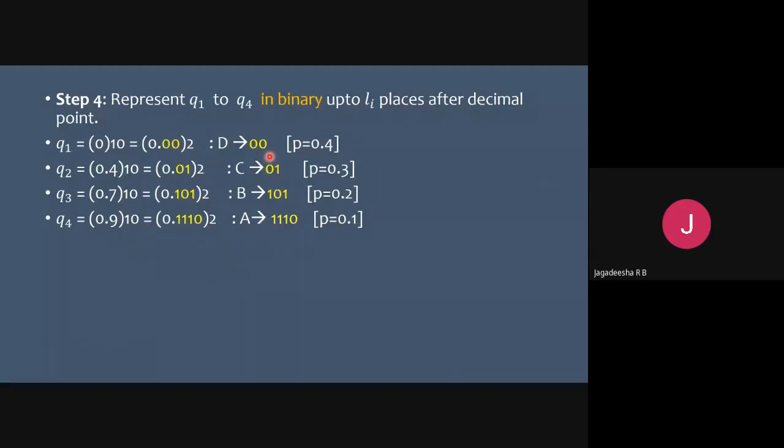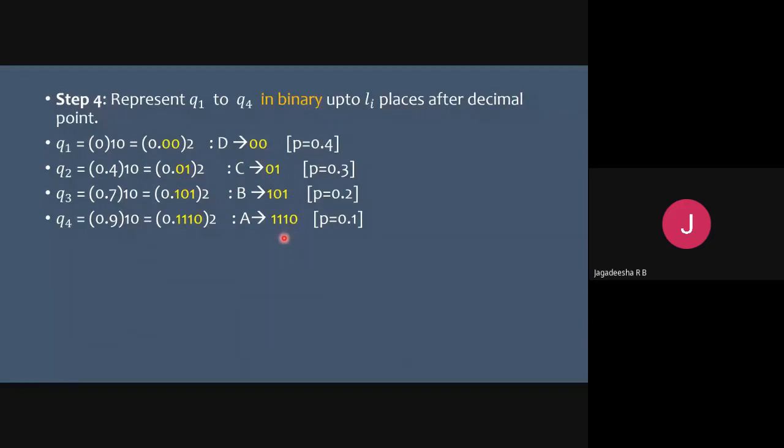So when the source emits symbols like D, C, B, A, or A, B, C, D, whatever, in any order, then A will be represented by 4 bits, 4-bit code word. Instead of transmitting A, the encoder will transmit 1110. Instead of transmitting B, it will transmit 101. Instead of transmitting C, it will transmit 01. Instead of D, it will transmit 00. This is how the encoder will perform the encoding of the data or message.